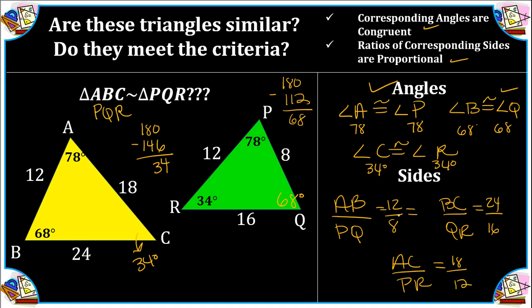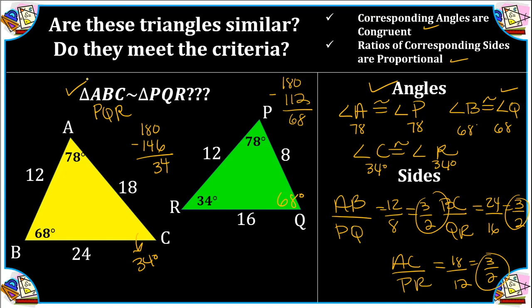So now we're going to simplify these. These have a common factor of 4. These have a common factor of 8. And these have a common factor of 6. So you can see they have a constant ratio, and therefore these two triangles are similar.